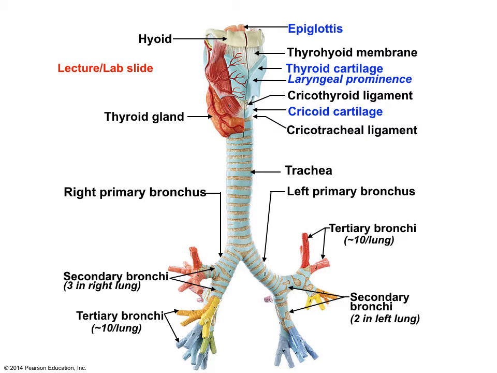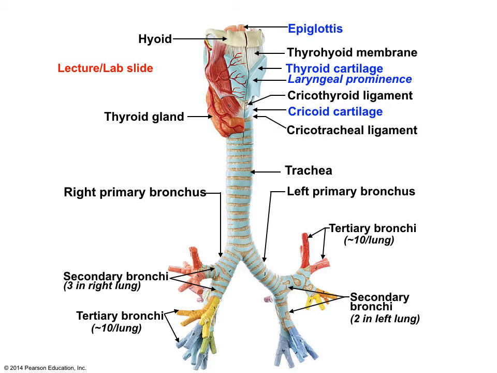In this photograph of a model, you will see inferior to the larynx and the trachea that we have already discussed would be the respiratory tree, starting with the primary bronchi, one per lung.